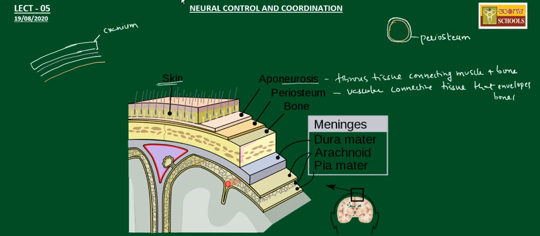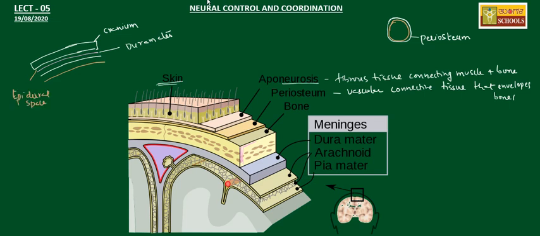Now here there is a space between the cranium and the first, the outer meninx, that is dura mater. That space is called the epidural space.